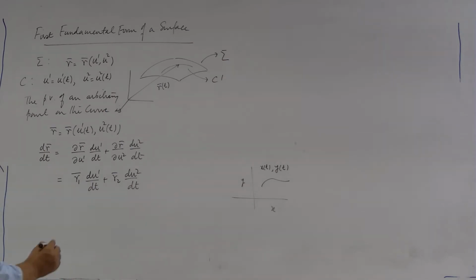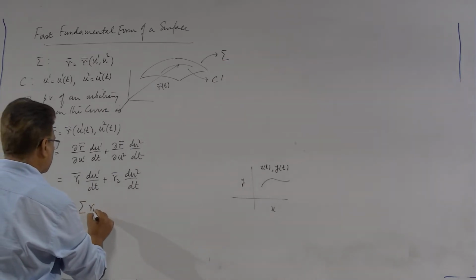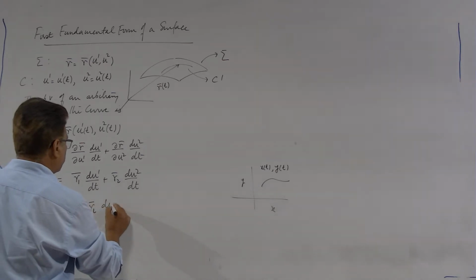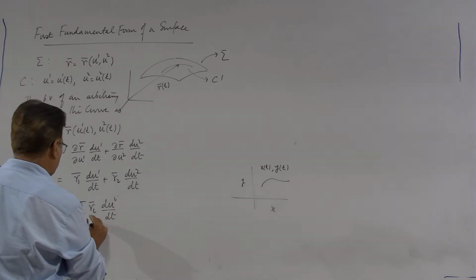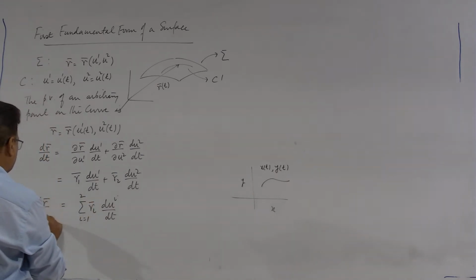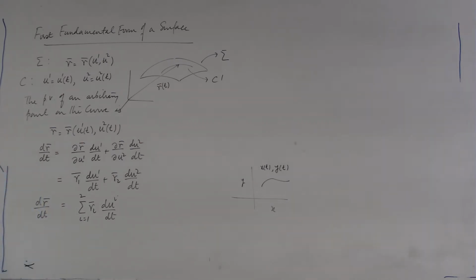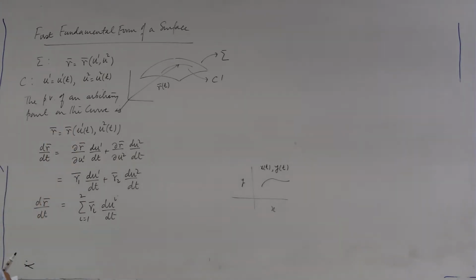If you want to write it in the summation form, you will write it like this: Ri dui over dt, i is running from 1 to 2. This is the tangent vector of the curve. Dr over dt is nothing but the tangent vector, which we already know. The only difference over here is that the curve is drawn over a surface instead of independently lying in R3.